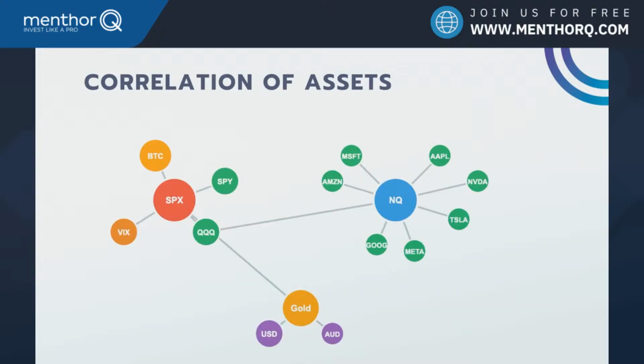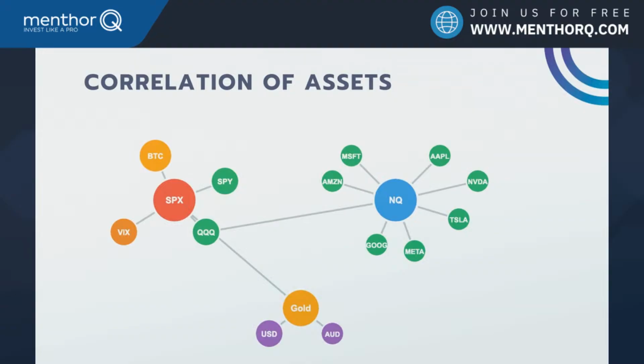This is a very nice example, and we try to simplify this in a chart. So for example, if we look here, we see kind of like a knowledge graph structure where we have our SPX on the left, and we can see that SPX is highly correlated with other assets like VIX, QQQ, SPY, even Bitcoin.